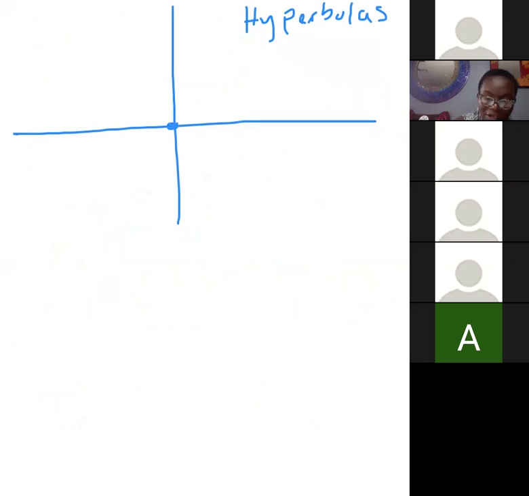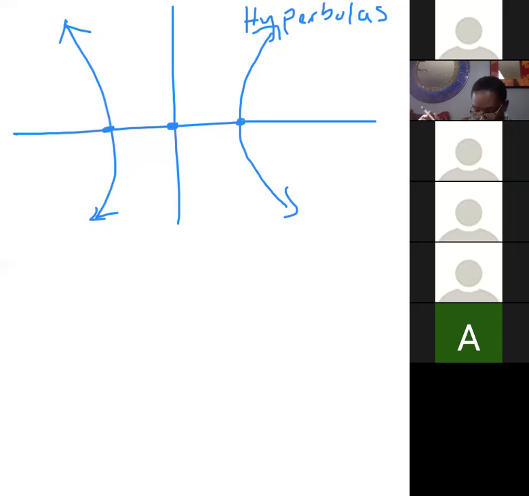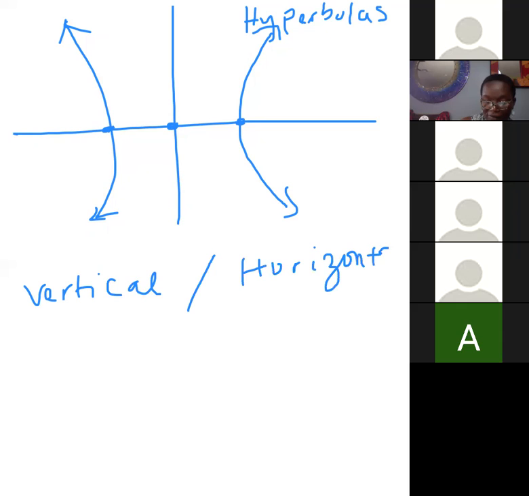Now, the hyperbolas, as you guys noticed from our little video, I hope you guys went back and watched that little video on the conic section. Looks something like this, okay, guys? So we can have vertical hyperbolas as well as horizontal hyperbolas.